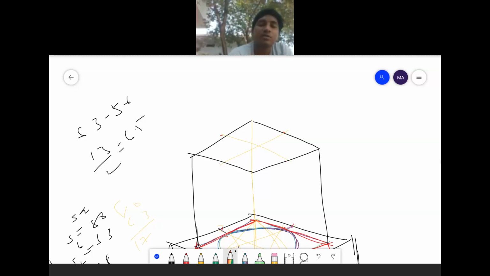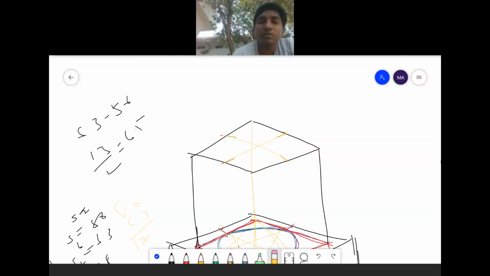I'm reducing 6.5 here, 6.5 here, 6.5 here, 6.5 here. Okay, 6.5 means it's a very small length. So then I am joining parallel lines like this.